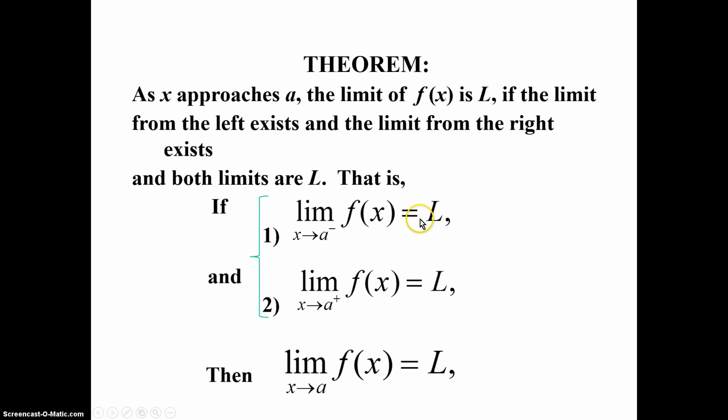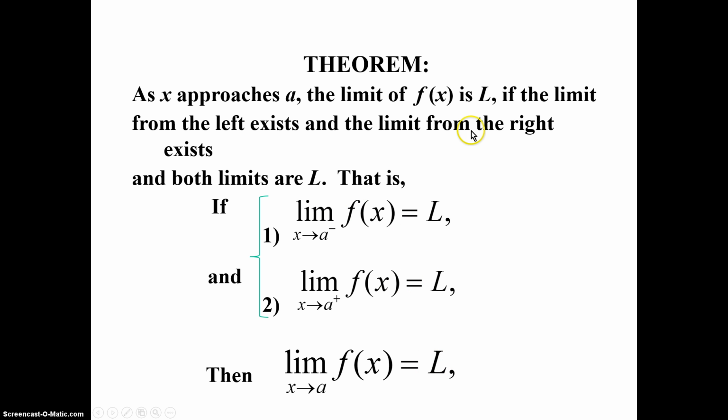What's important about these is that both of these limits, the one from the left and the one from the right, have to be the same. They have to be equal to one another. If they are not equal, then your overall limit does not exist. However, if they are both equal, then you can say that your overall limit does exist and it is whatever value both case 1 and case 2 are equal to.